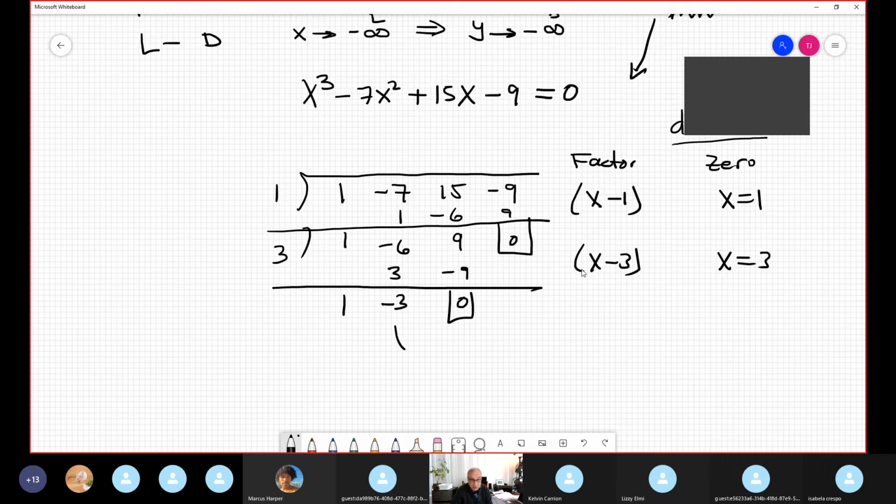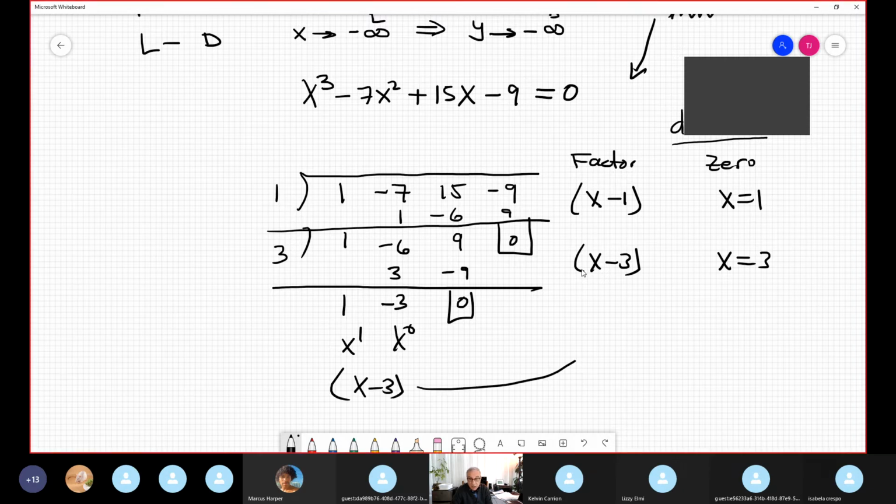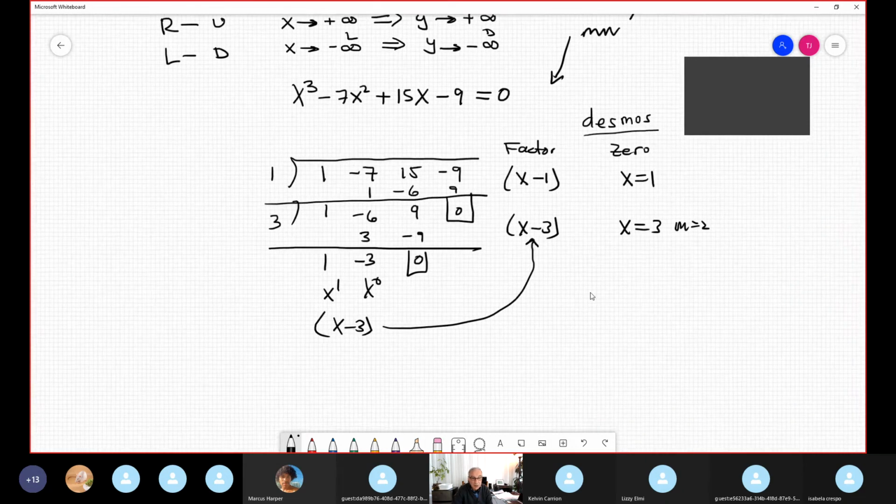In the quotient I can see x to the 0, x to the 1. When you convert to the factor, it's x minus 3. So you see that it is repeated, multiplicity 2. So if you ask, what is the factorization of this polynomial? Well, f of x equals x minus 1 times x minus 3 times itself, and it's more comfortable to write squared.